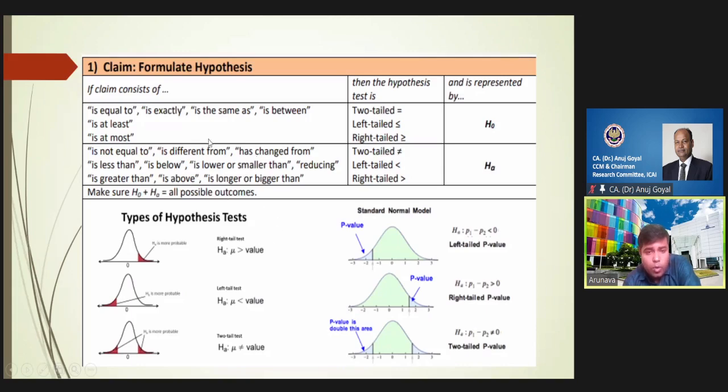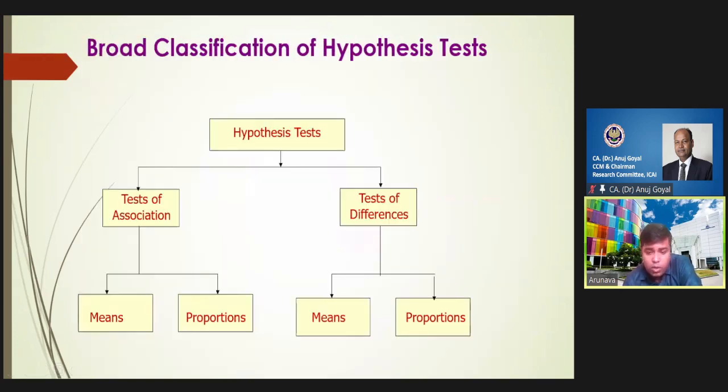So all those possible outcomes have to be converged into this. And a right tail test can be like mu greater than the value. This mu is the population parameter, right? Then a left tail test, mu less than the value, not equal. So all these things are done here. This is the claim for the hypothesis.